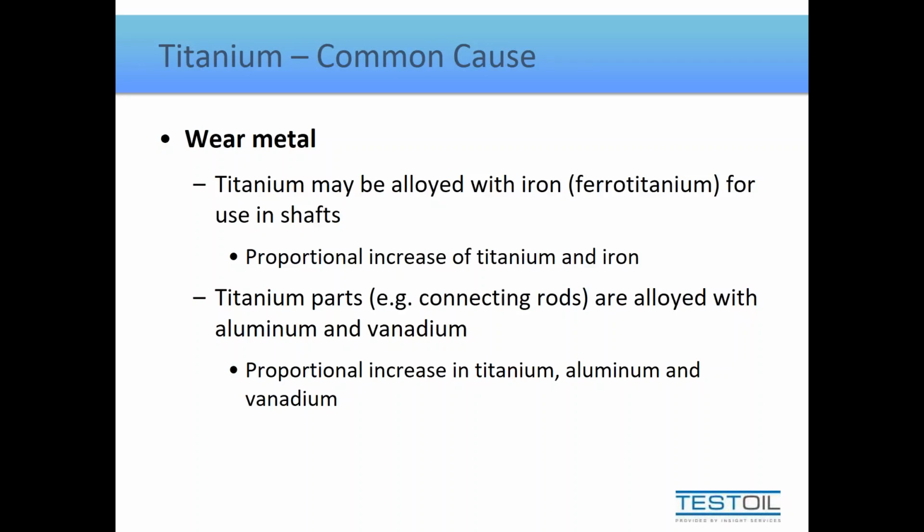Where it gets tricky is that some engines will run different fuels, and certain fuels may contain vanadium as a bit of an after effect from the crude oil refining. And there are some oils today that are containing titanium additives. So what was once a very telltale combination in a very specific application is now being masked by oddball combinations of the right oil with the right fuel that will produce the same results on a report as a particular part that's wearing.